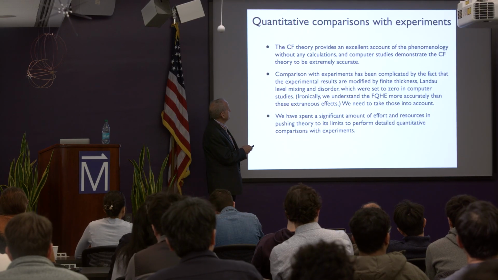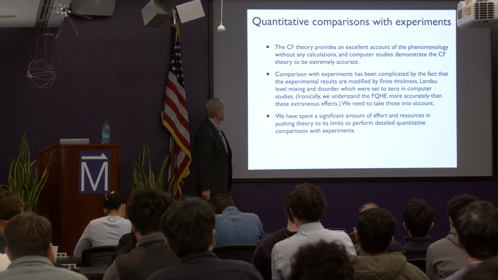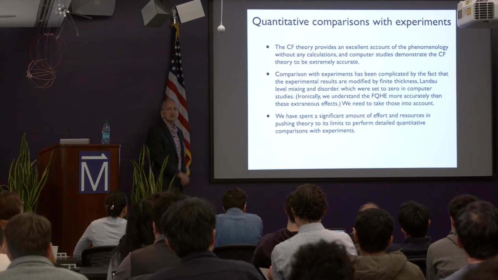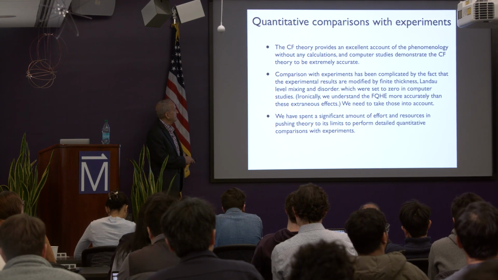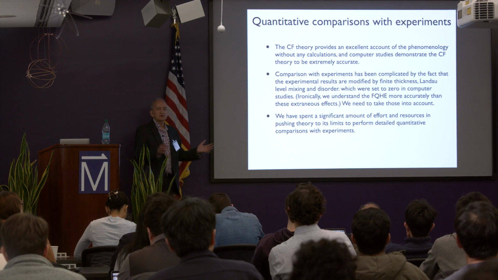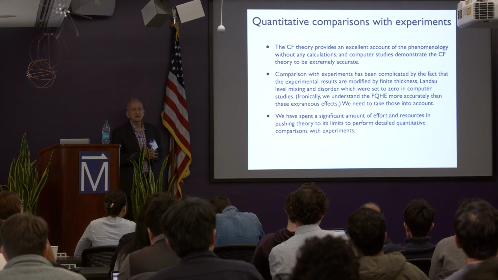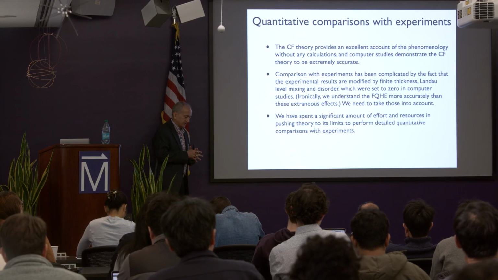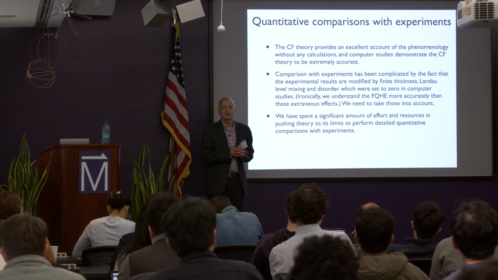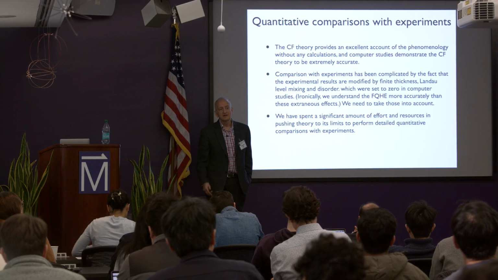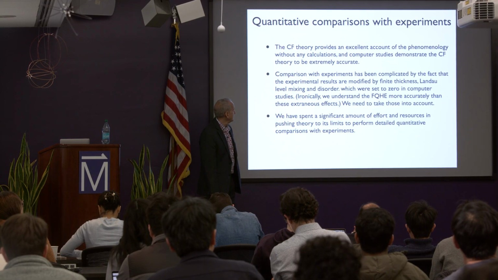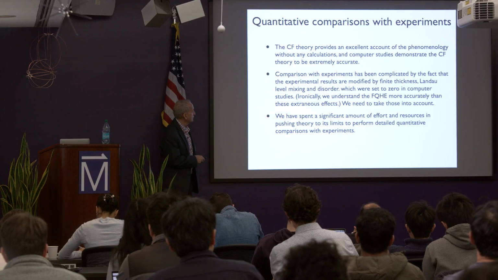The computer studies also tell us that the theory is extremely accurate as well, at least for this idealized limit. Now, you would think we can go ahead and compare with experiments, except that there are some things which have been set to 0 in this idealized model, which play some role in experiments. One is finite width.